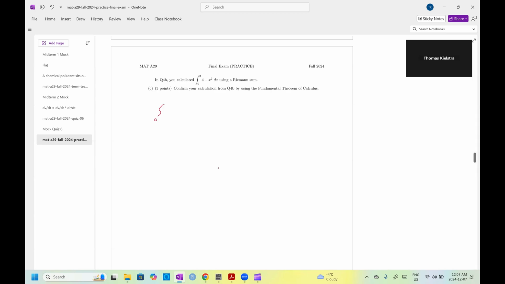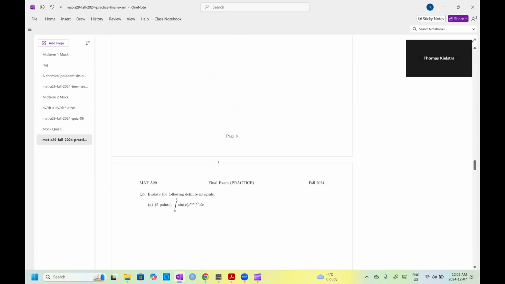So here, we're going to take the integral 0 to 2 of 4 minus x squared dx, which equals 4x minus x cubed over 3, evaluated at x equals 0 to 2, which equals 4 times 2 minus 2 cubed over 3, that's my first function plugging in 2, minus 4 times 0 minus 0 cubed over 3, which equals 8 minus 8 over 3 minus 0, which equals 24 over 3 minus 8 over 3, which equals 16 over 3. And we have our same solution.